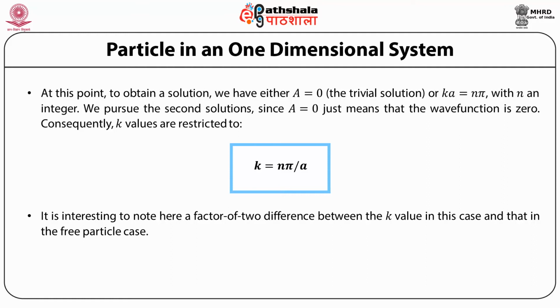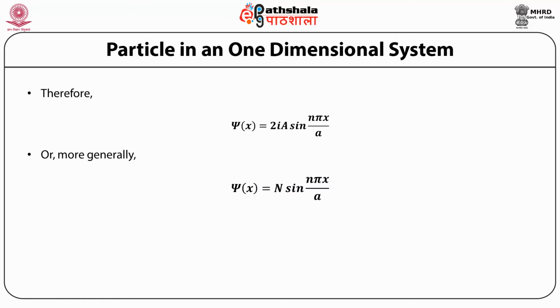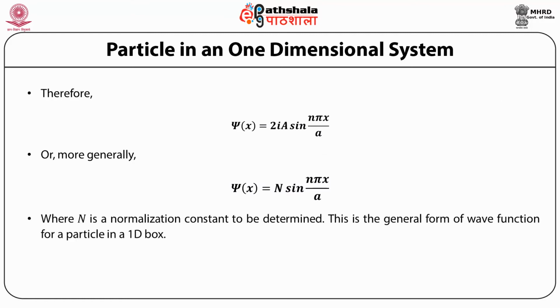So k values are restricted to k equal to n pi by a, where A is a normalization constant to be determined. So this is the general form of the wave function for a particle in a one-dimensional box.